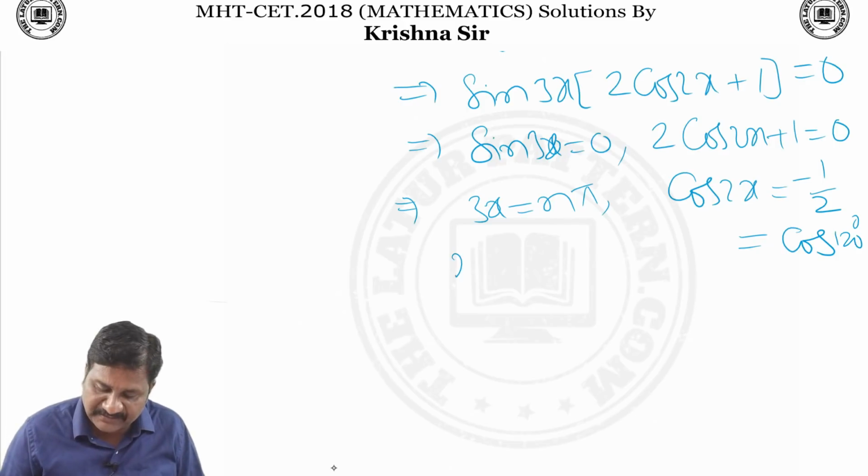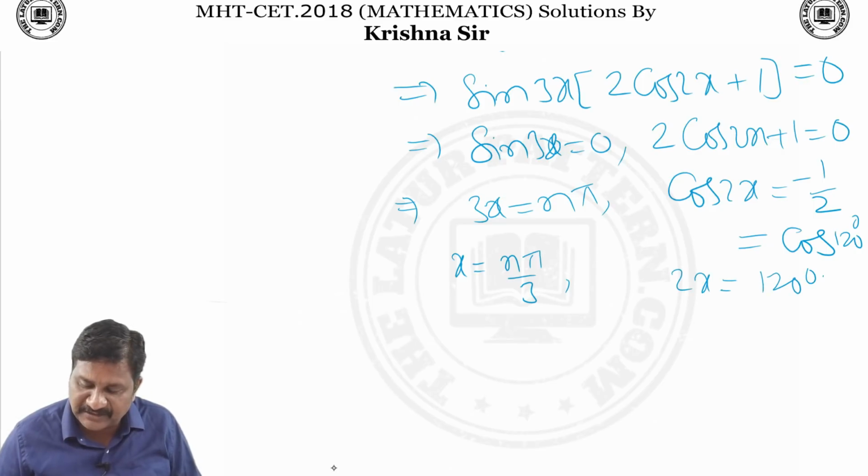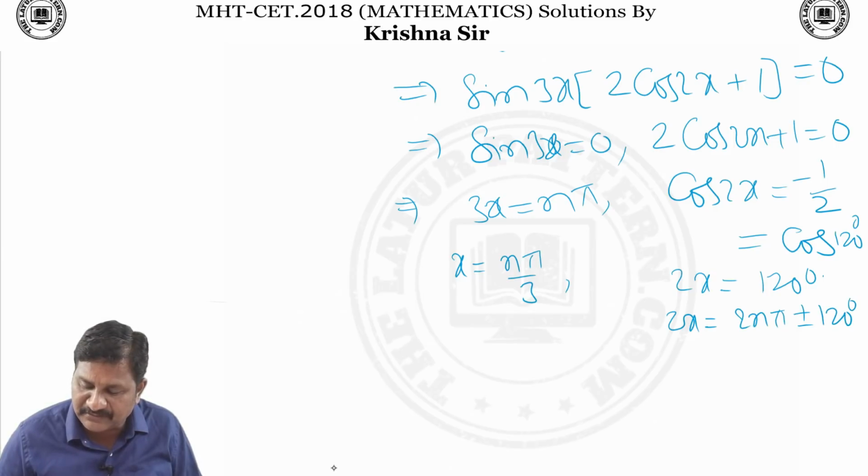So 3x is equal to n pi, so x is equal to n pi by 3 for n belongs to Z. Here 2x is equal to 120, and the general solution of cos is 2x is equal to 2n pi plus or minus alpha, alpha means 120, and x is equal to n pi plus or minus 60.